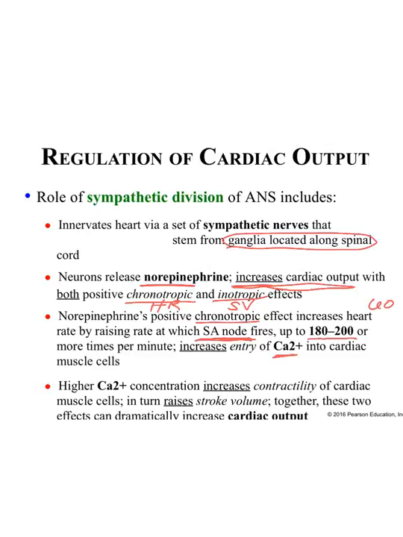So the more calcium concentration, the greater the cardiac muscle cells will contract. Therefore, they can eject more blood, so you see an increase in stroke volume. So by increasing the stroke volume, increasing the heart rate with the SA node, we've increased cardiac output.